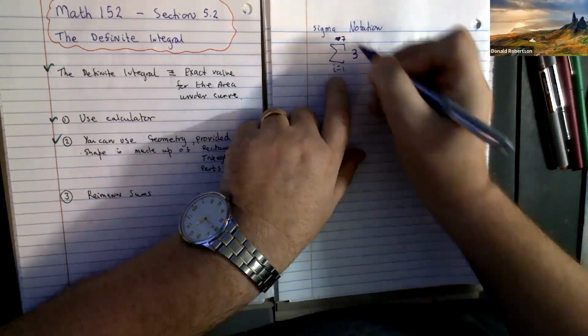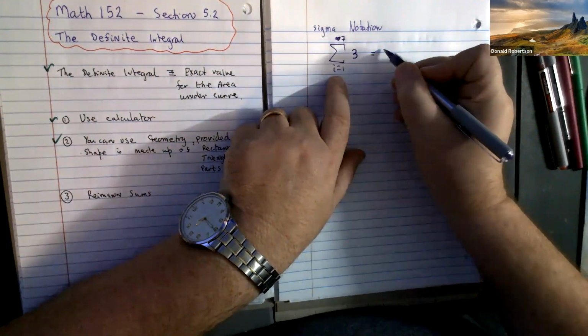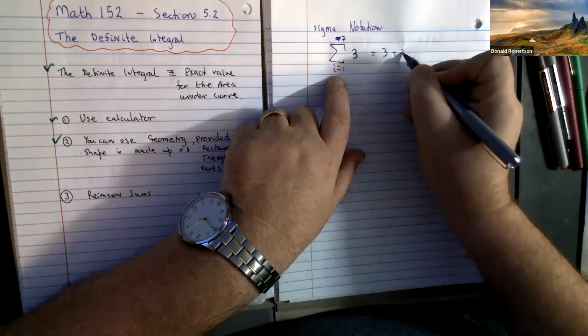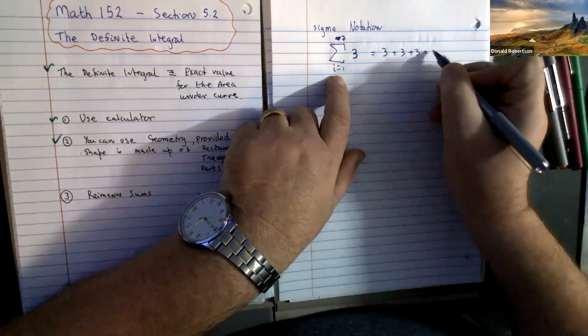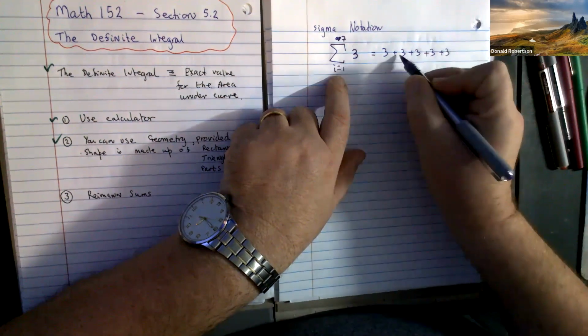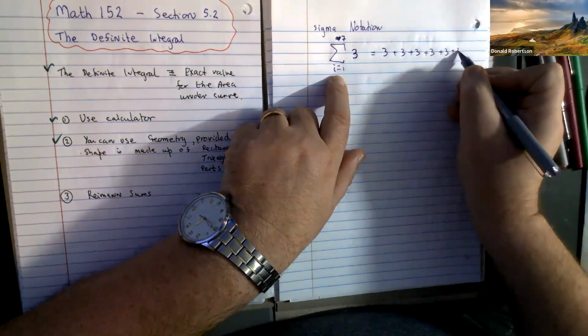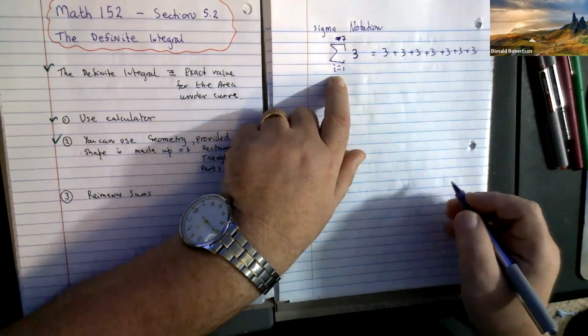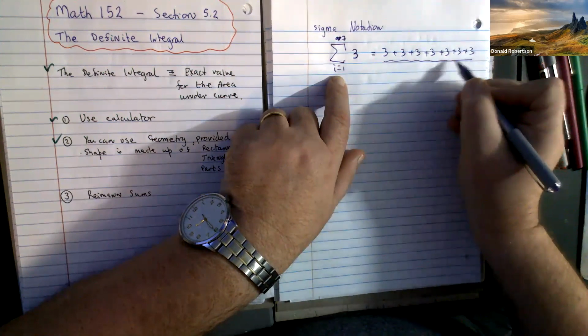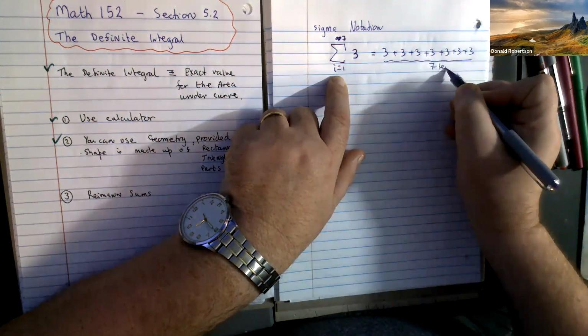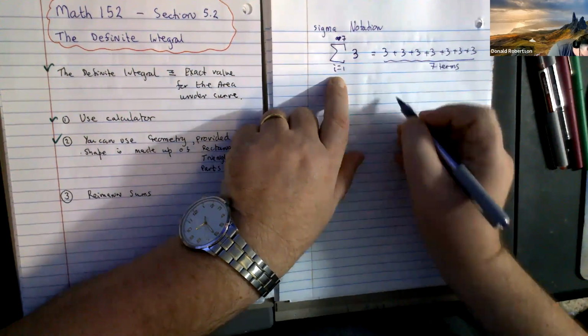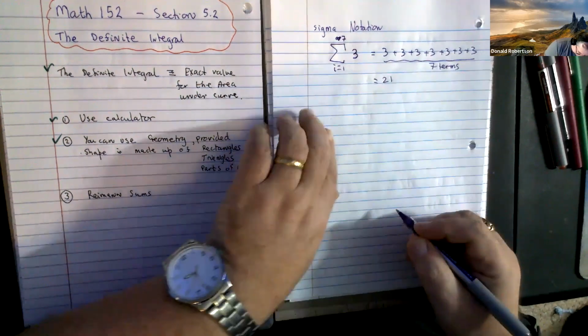Let's say 7. That's better. i equals 1 to 7. That would be 3 plus 3 plus 3 plus 3 plus 3, 1, 2, 3, 4, 5 plus 3 plus 3. There would be 7 terms here. And of course, the answer would be 21.